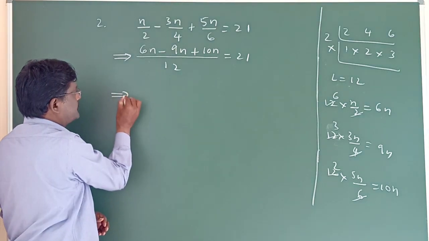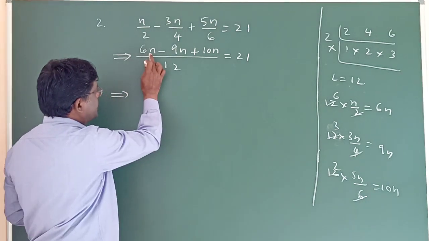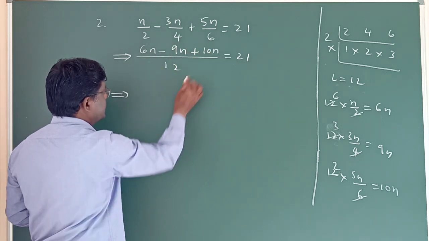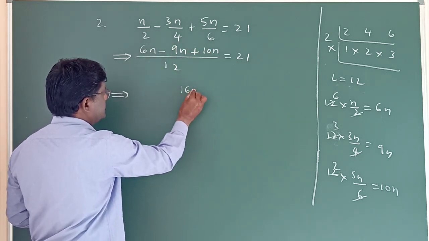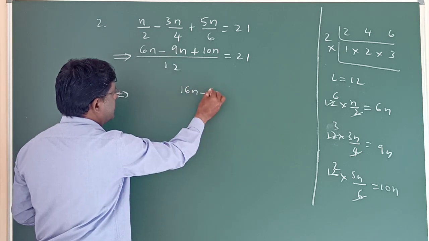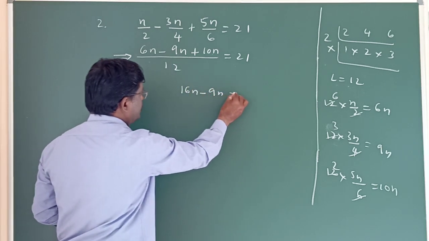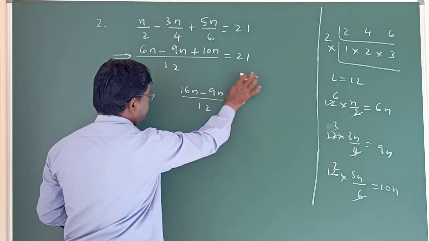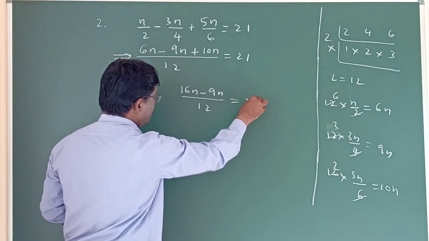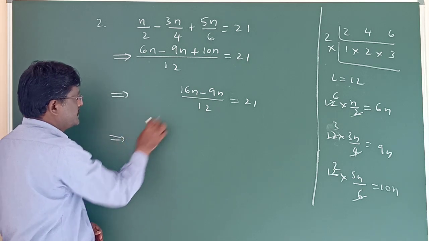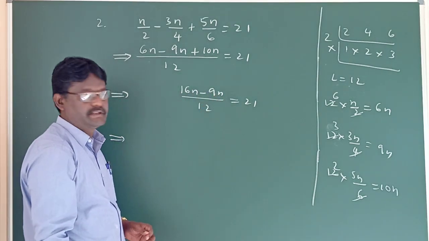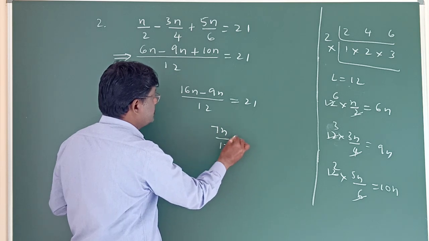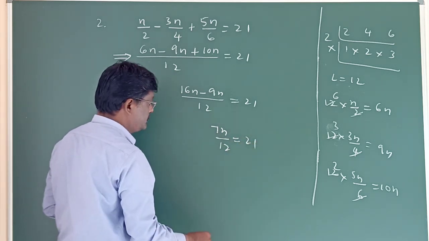This implies, now let us add the like terms with like signs. 6n plus 10n, 16n minus 9n, equal to 21. This implies 16 minus 9n is what? 7n by 12 equal to 21.